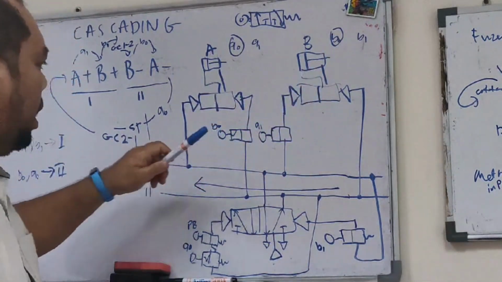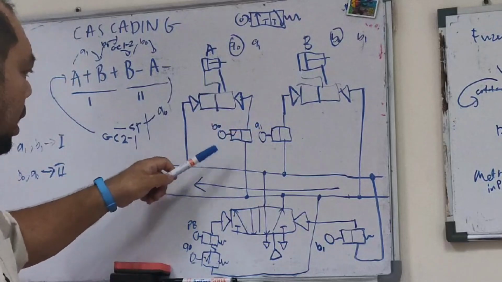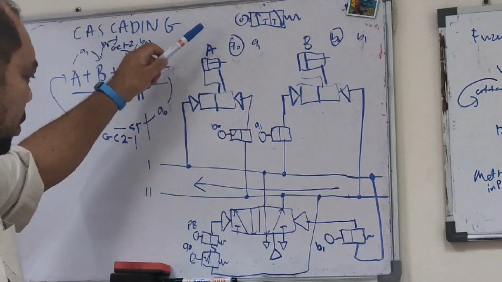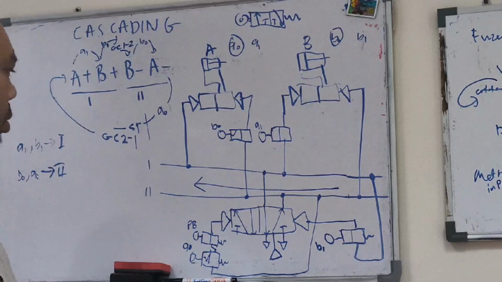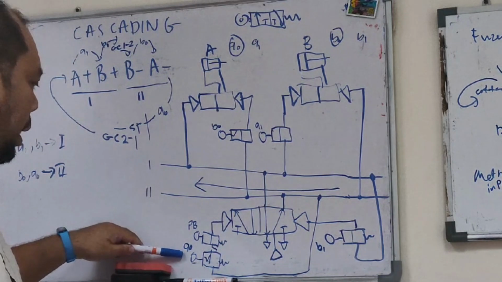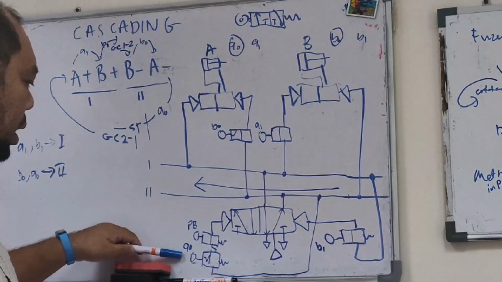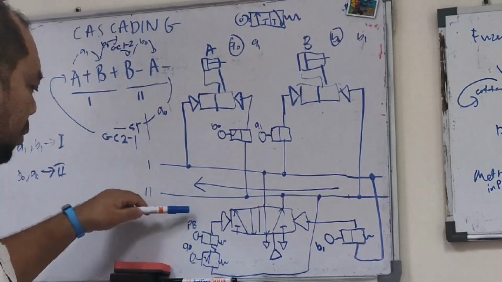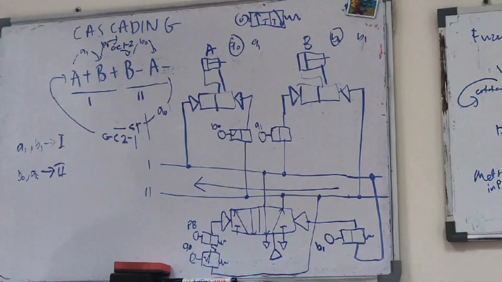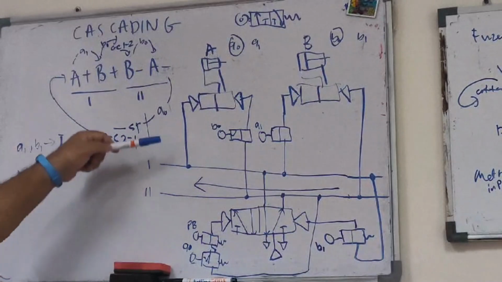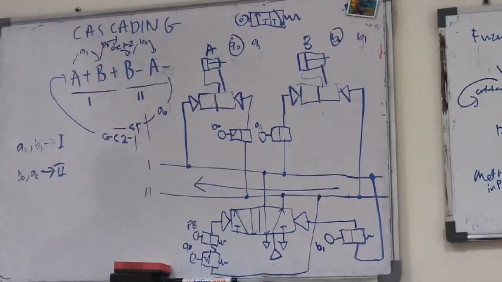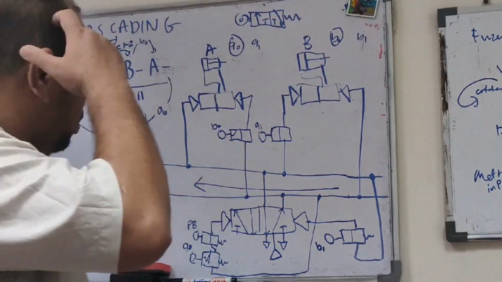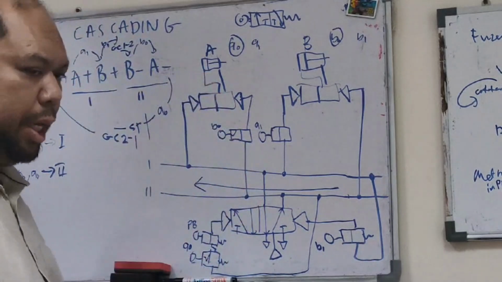B0 is here, it will also keep A in retract. So A0 is here, but it stays until you push the push button; then it cannot activate group 1 on its own. So the initial condition is okay.